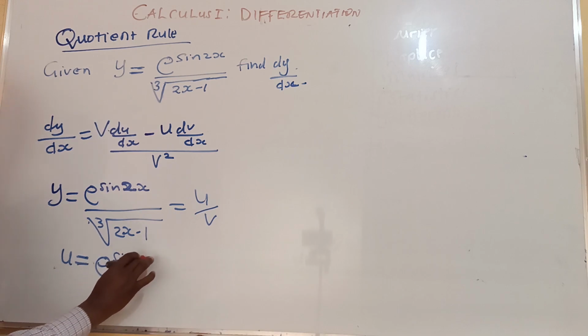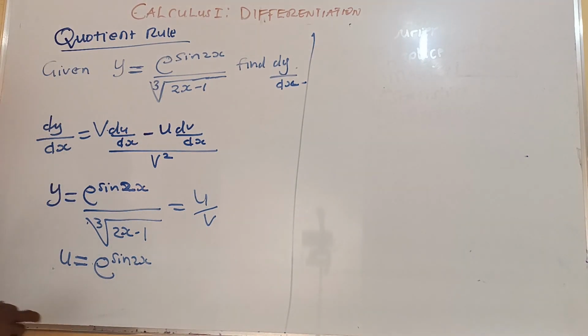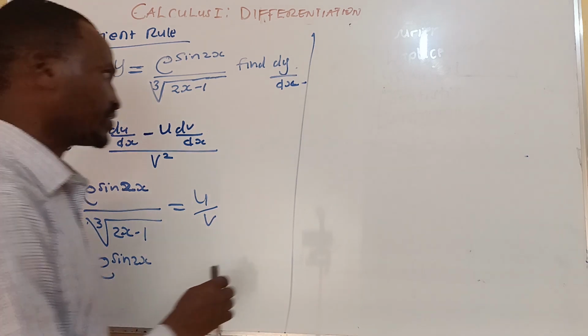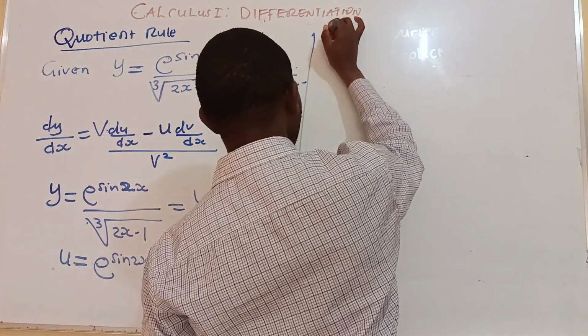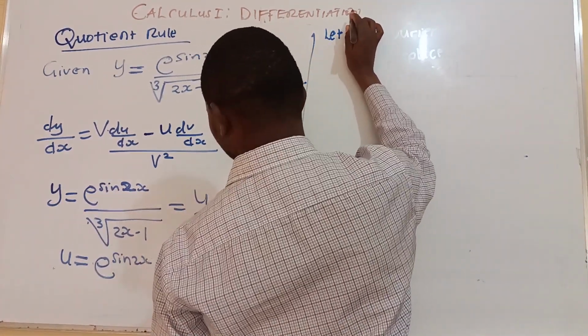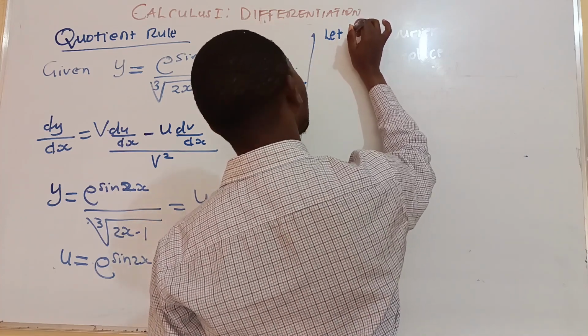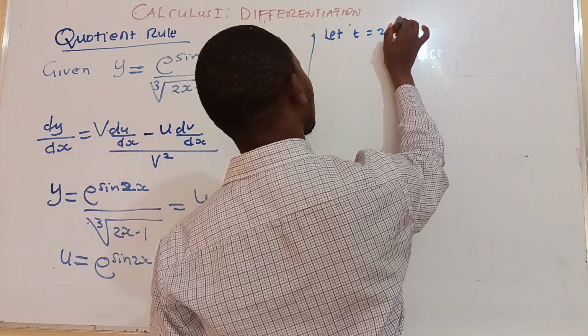If you notice, this is a function of a function of a function, because we have 2x inside the sine function inside the exponential function. So you can say that t is equal to 2x.